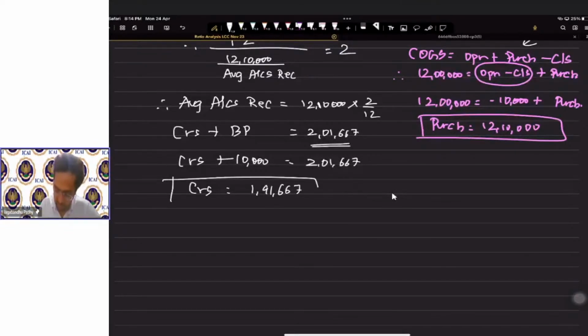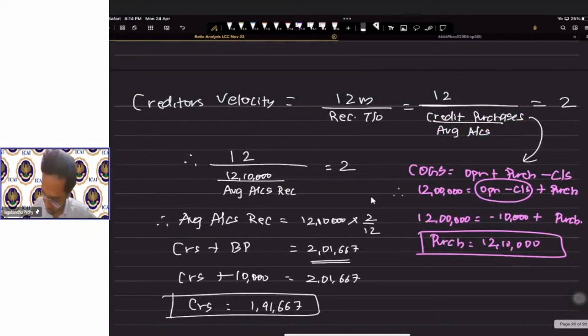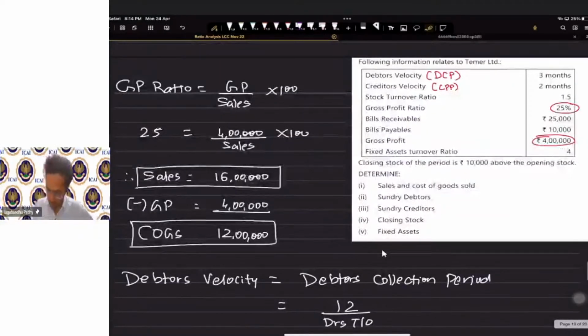This is the amount of sundry creditors. It's for accounts payable, right? Fine. So we're done with the creditors part also. We have sales done, sundry debtors done, sundry creditors done. Now closing stock and fixed assets.